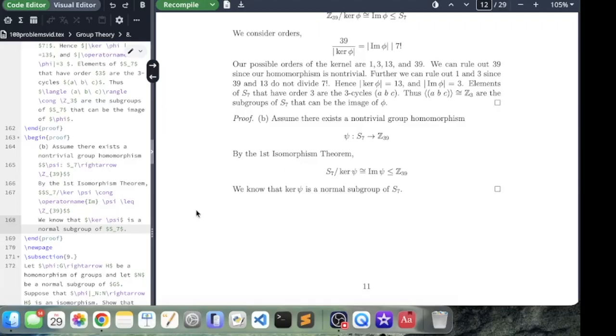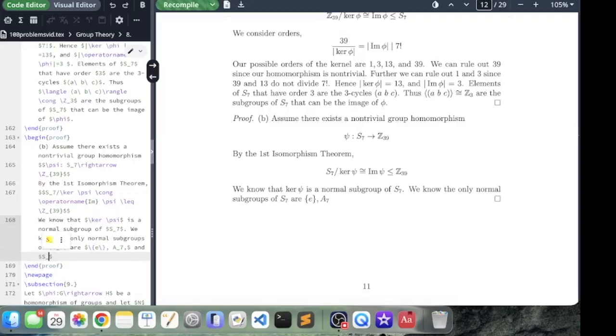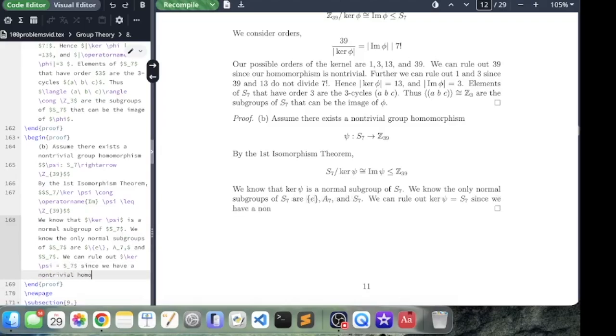So the only normal subgroups here are the trivial subgroup, A7, and S7 itself. We can rule out the kernel of psi equaling S7 since we have a non-trivial homomorphism.